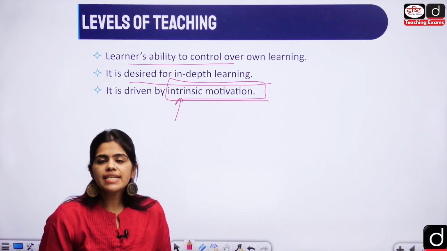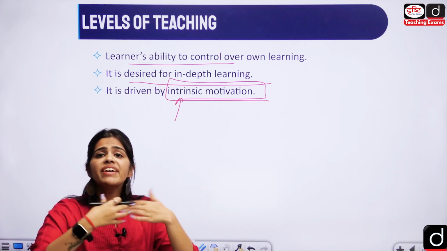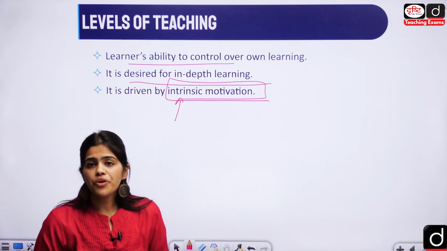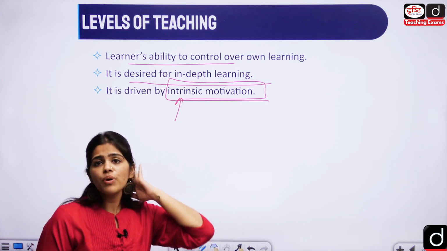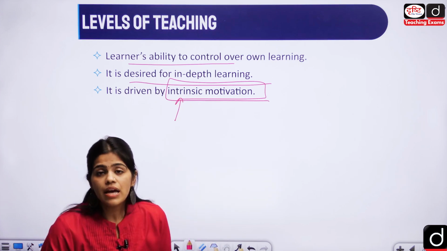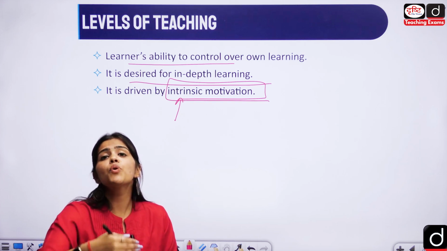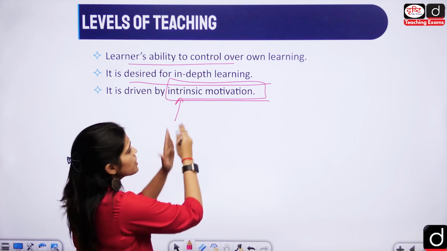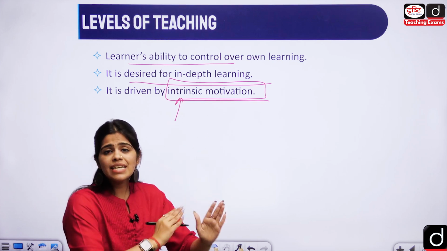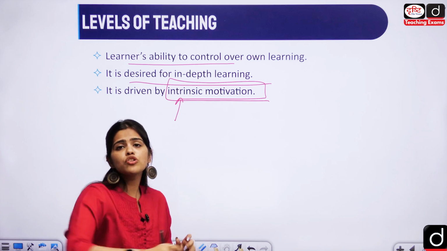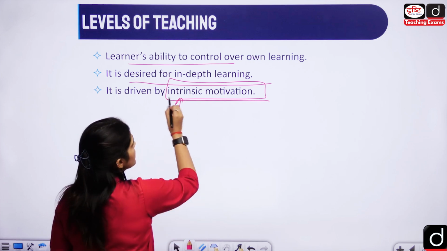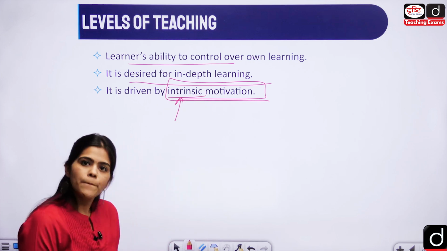Intrinsic motivation is that you are highly motivated and you're doing things on your own. You need no teacher to come forward and say you need to do these things. If the teacher is pushing you to do something, it becomes extrinsic motivation. If you are highly motivated to do things on your own, which is seen in this autonomous development, you are an intrinsically motivated person.